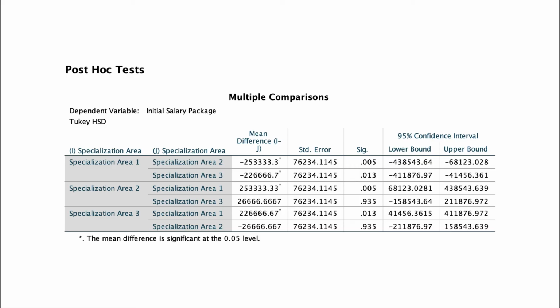This asterisk sign simply highlights that there is a statistically significant mean difference at the 0.05 level. It means the salary of students who have opted for specialization 1 differs from those students who have opted for specialization area 2. And there is also a difference in the salaries of those students who have opted for specialization 1 and specialization 3.